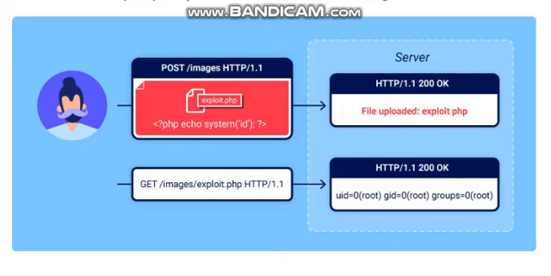What is the impact of file upload vulnerabilities? The impact generally depends on two key factors. First, which aspect of the file the website fails to validate properly, whether that be its size, type, contents, and so on. Second, what restrictions are imposed on the file once it has been successfully uploaded.